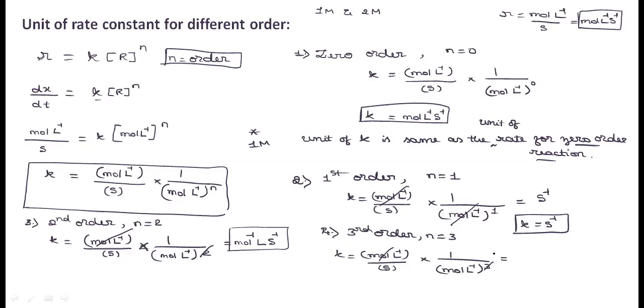So hence mole power 2 in the denominator will be mole inverse 2. Liter inverse 2 will be liter square. And second in the denominator will be second inverse. So it is mole inverse 2, liter square, second inverse, the SI unit of K for third order reaction.